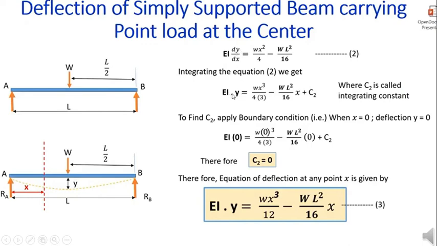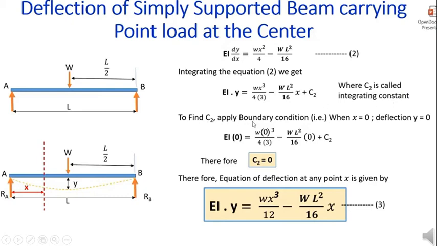So EI into y is equal to Wx cube divided by 4 into 3 minus WL square divided by 16 into x plus C2, where C2 is called the integration constant. So that is a double integration.